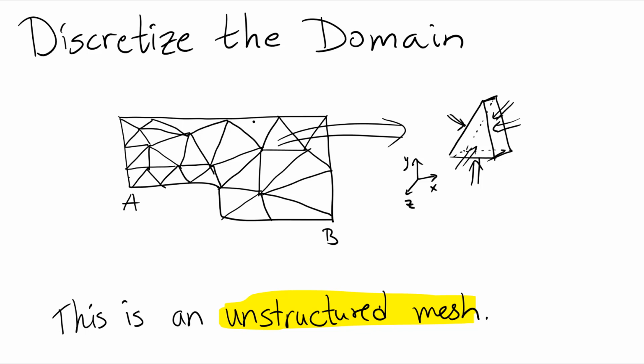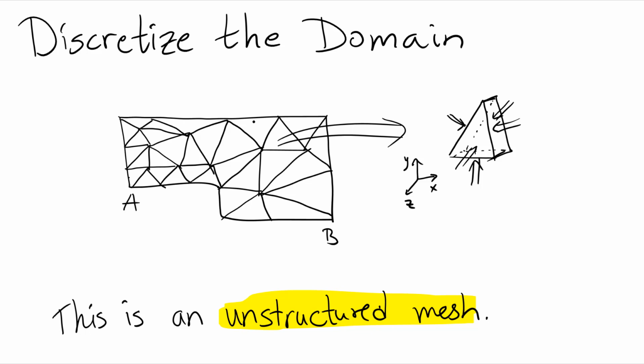Then we can also use a completely unstructured mesh. And I've chosen triangles here because they are most commonly associated with unstructured meshing. But the purpose with an unstructured mesh is to easily conform to very complex geometries.